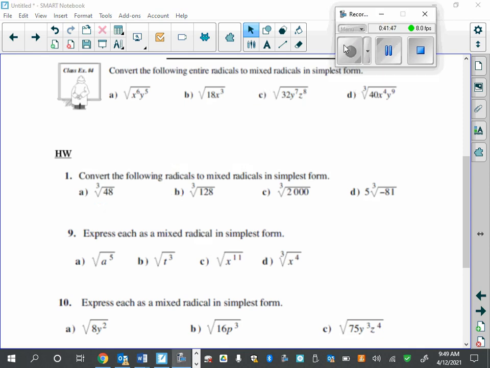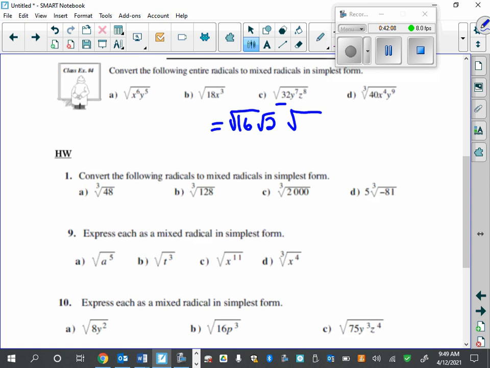All right, let's do the first one. I'll do them both ways. I'll do the first one the first way, the second one the second way. I think I gave you enough time to do C, so let's see how you did. So we got 32 is 16 times 2.